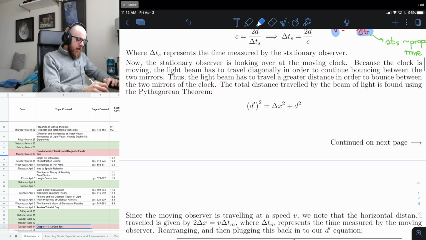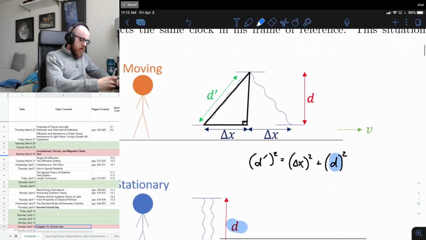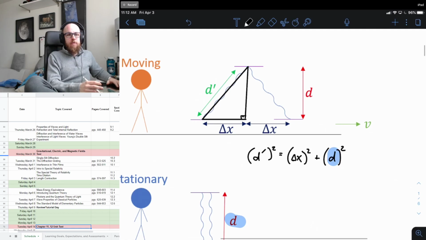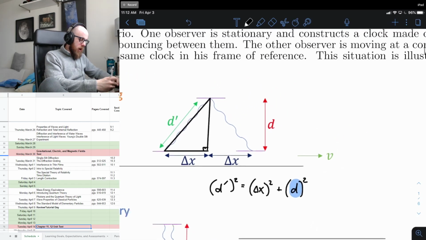Now, since the moving observer is moving at a speed v, we can write delta x in terms of v and the time that's being measured in the moving observer's reference frame. Let me show you what I mean by that.